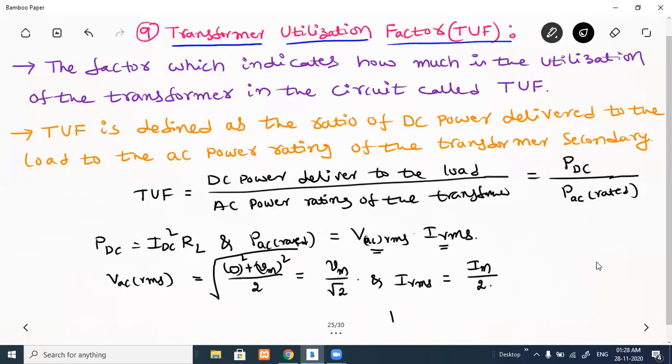So PAC RMS is equal to Vm Im by 2 root 2. So that is PAC RMS. Similarly, calculate PDC, the power delivered to the load.